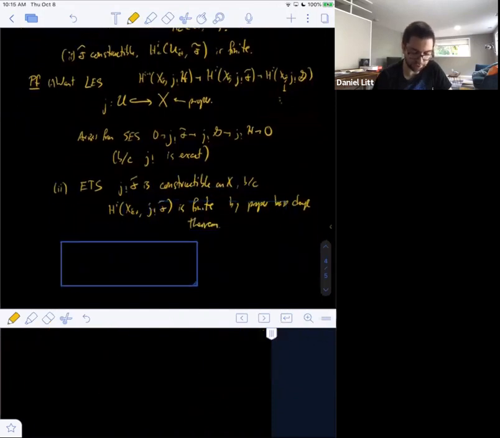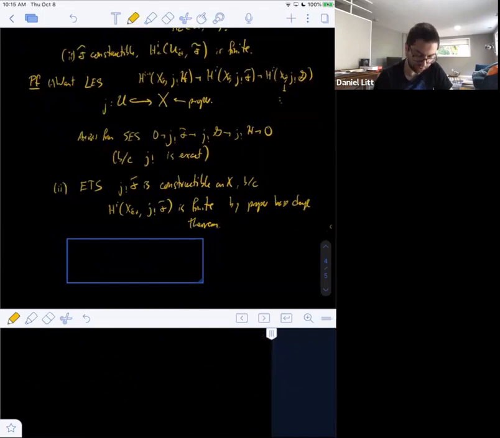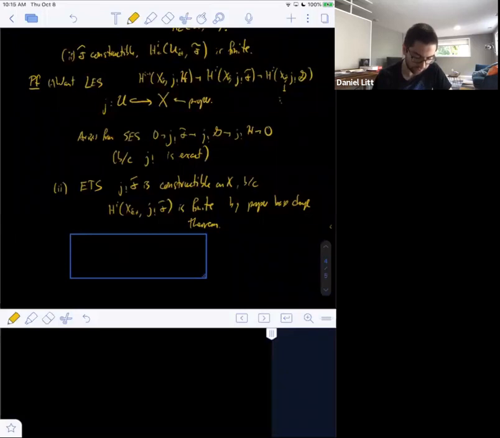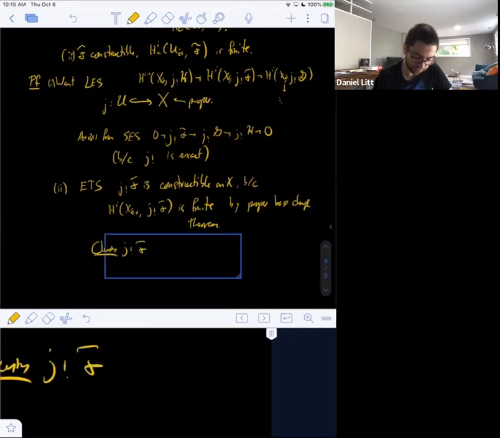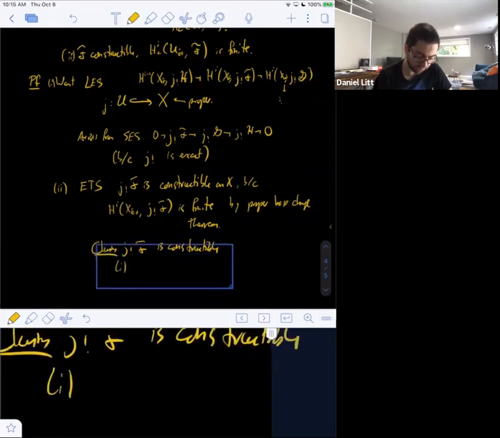All right, so let's actually check that j_!F is constructible. So I think we discussed this a little bit verbally, but it's worth doing. So the claim is that j_!F is constructible. So we have to check 2 things. So let's check 1, that the stalks are finite.